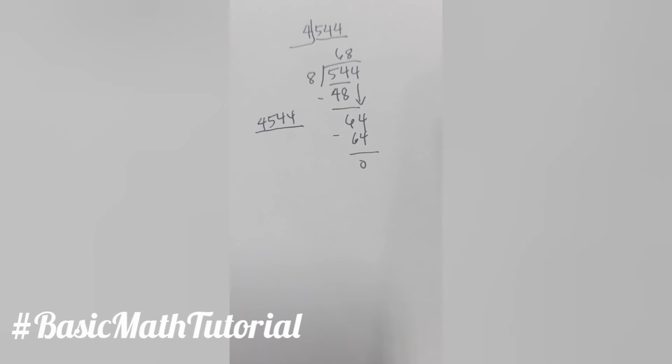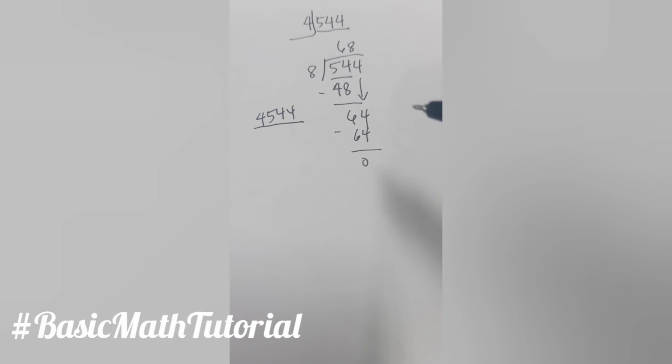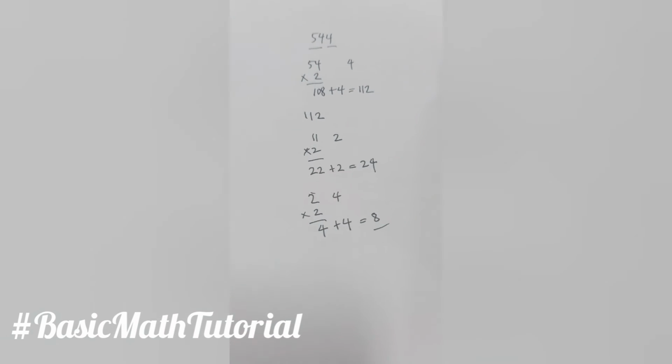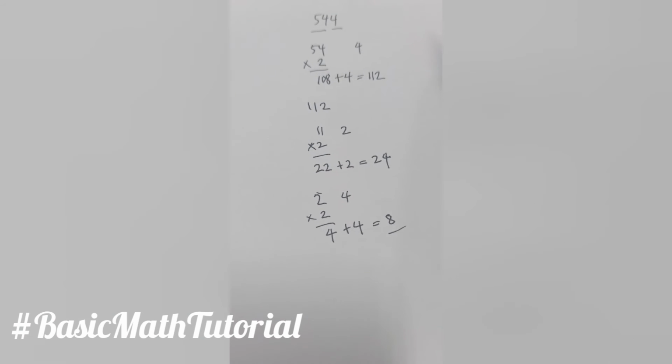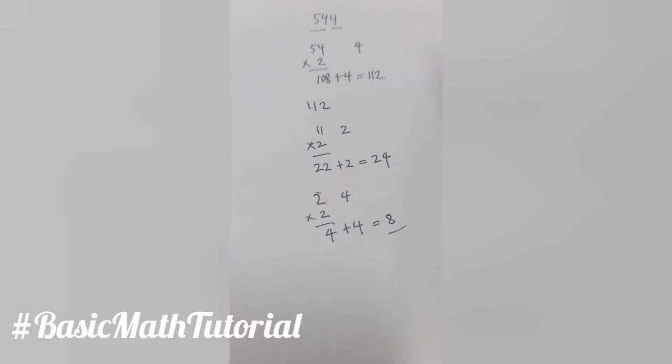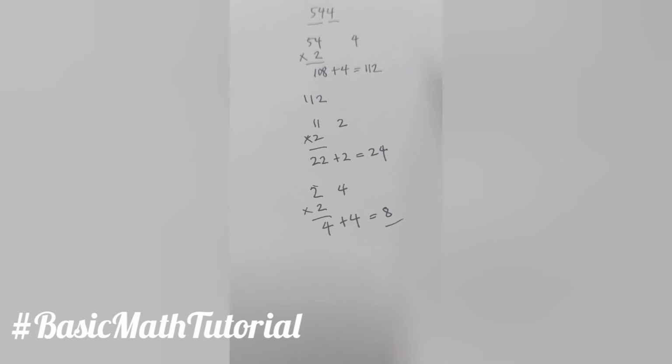Maybe if you are so good with the multiples of 8, you can perform this actual division operation in a faster way. However, if we go to the new way that I have shared to you, we do not use larger numbers. Okay? We do not perform the division process.